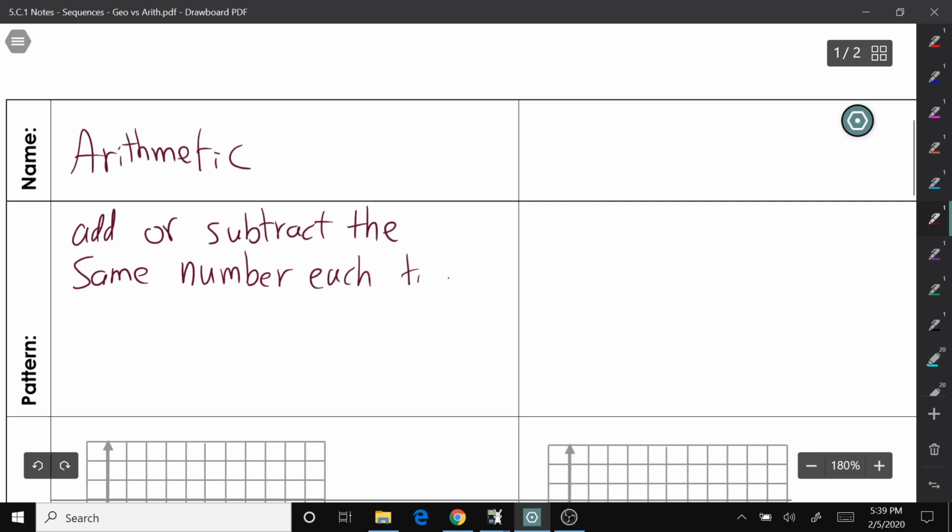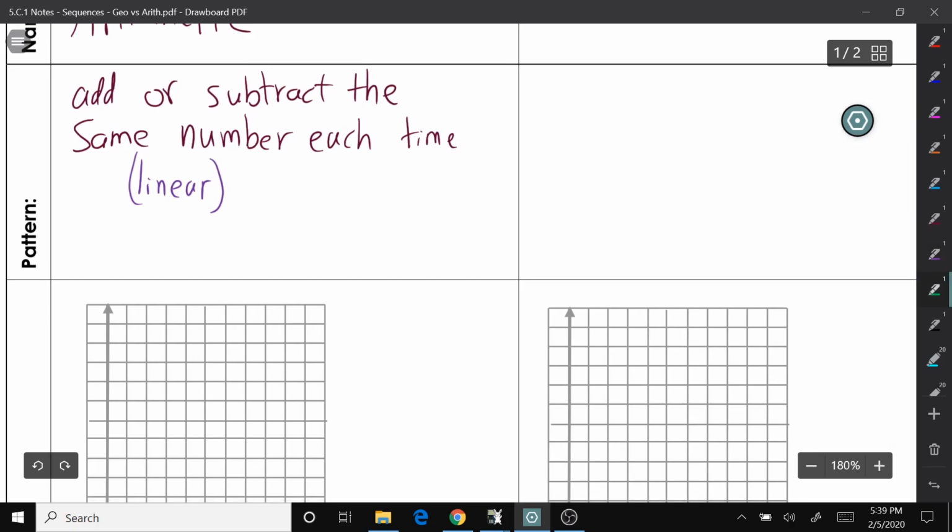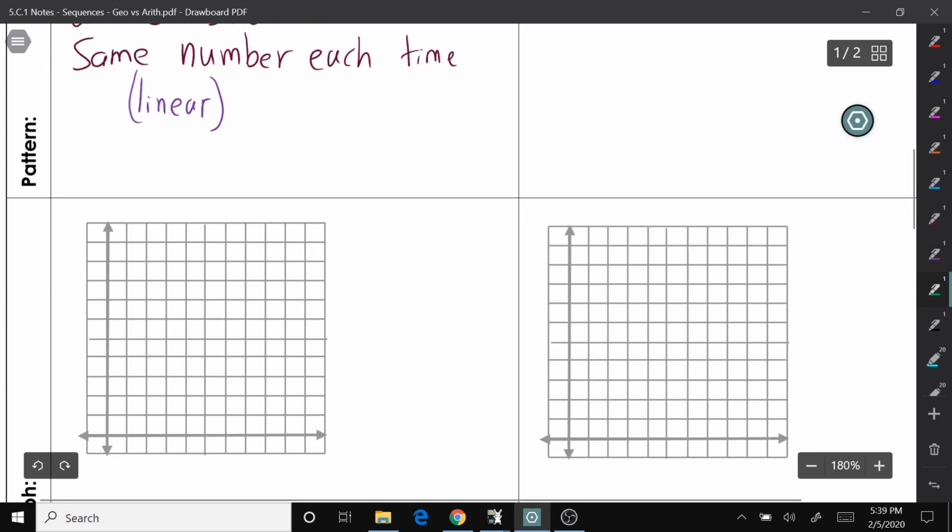So that's like a linear function. You want to think about that as linear. And how that would look on a graph would be a line, with some starting value and then a constant rate of change or slope.